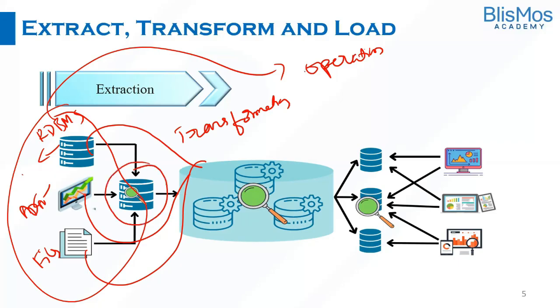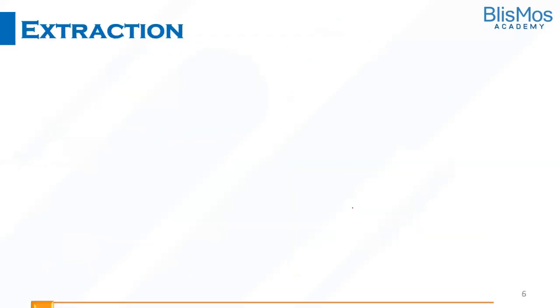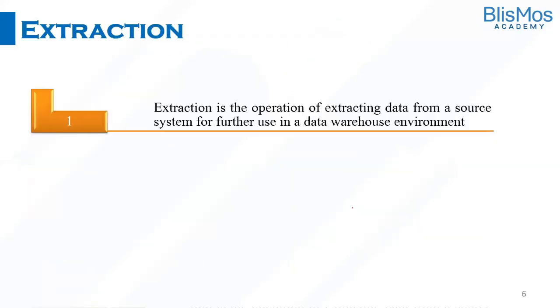The second aspect is it is also difficult to pull, transform and load the data directly into the data warehouse. That is the reason we're extracting the data from different sources into a common area that happens to be a staging area. So just to summarize, extraction is nothing but extracting the data from different sources so that we can use that as a part of the data warehouse.